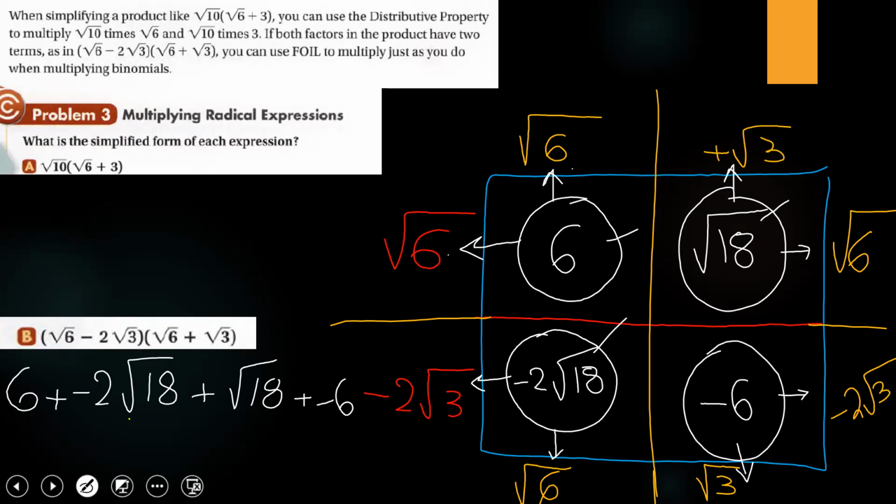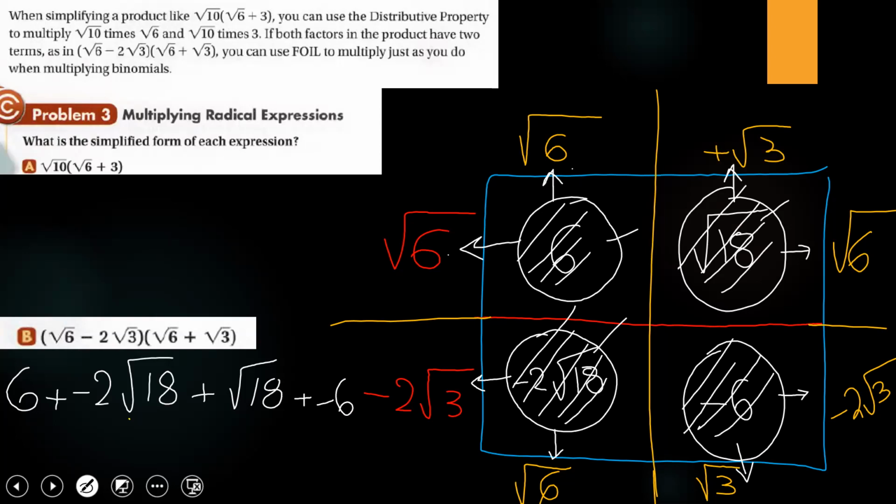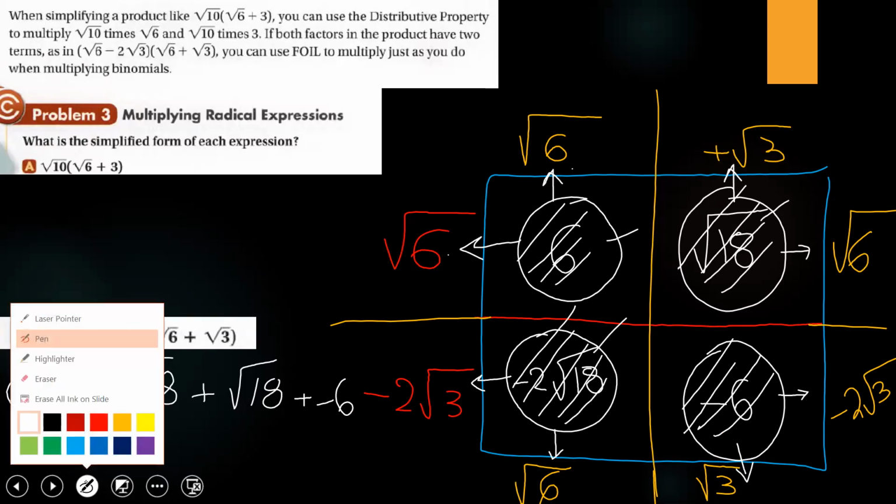You write the full numbers: 6 and negative 2 square root of 18 and square root of 18 and negative 6. Is it right? Yes. So I will clear here now to continue.